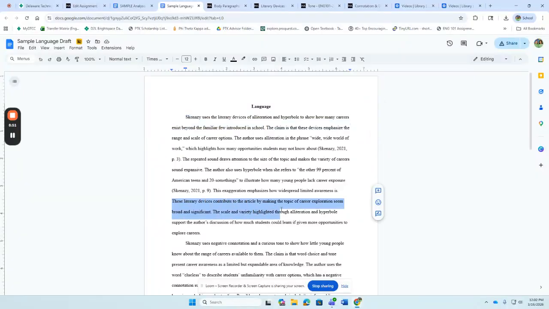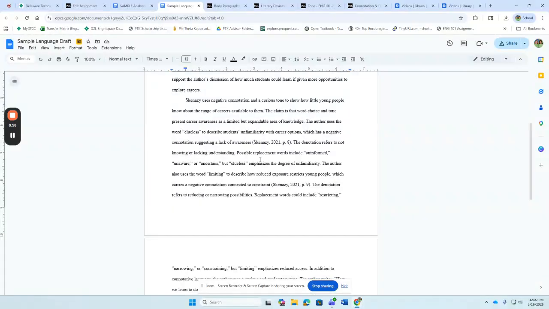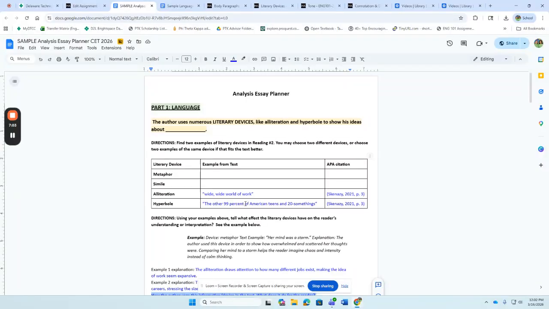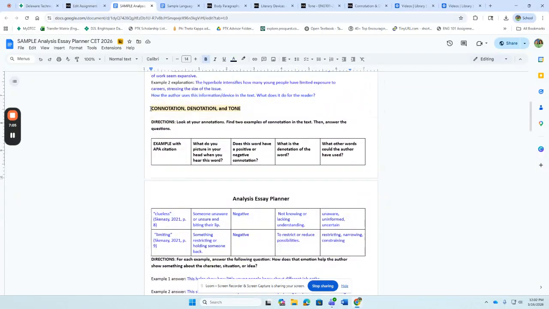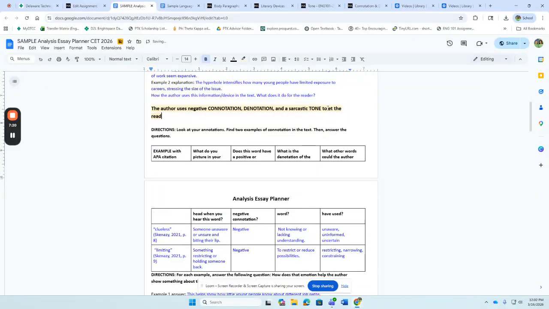So these literary devices contribute to the article by, and then I'm going to explain how it all works together. I'm going to do that again for connotation and tone, but here's one thing that I want you to make sure you're doing. The author uses negative connotation and denotation and a sarcastic tone to get the reader emotionally involved in the reading.